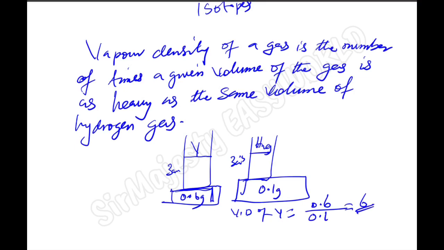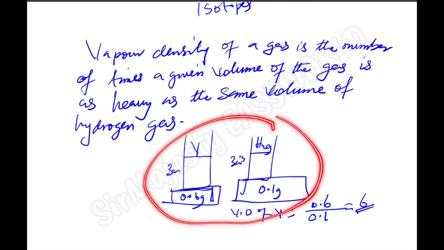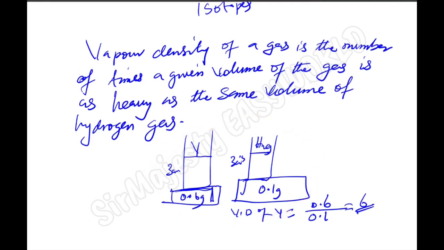Therefore, the vapor density of gas V is 6, because it is 6 times as heavy as hydrogen gas. Remember, the temperature and pressure of the hydrogen and that gas must be the same for this to work out.